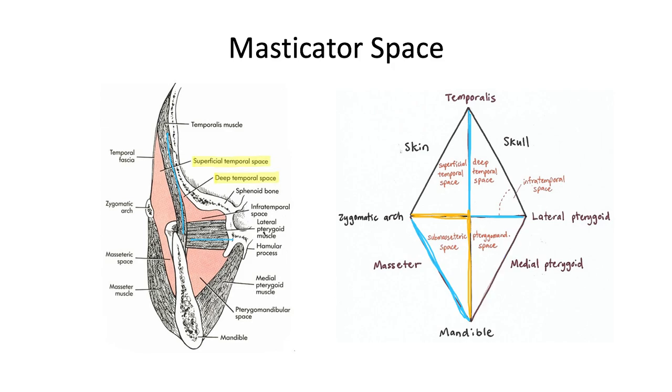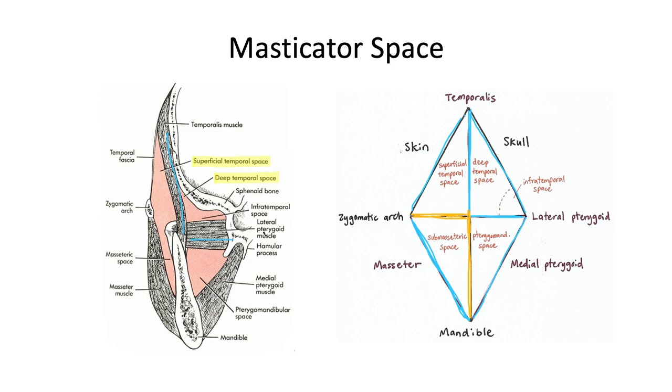So it creates that nice little diamond shape like this. And then for the last two bounds, we just have the skin of the face on the outside and the skull on the inside.